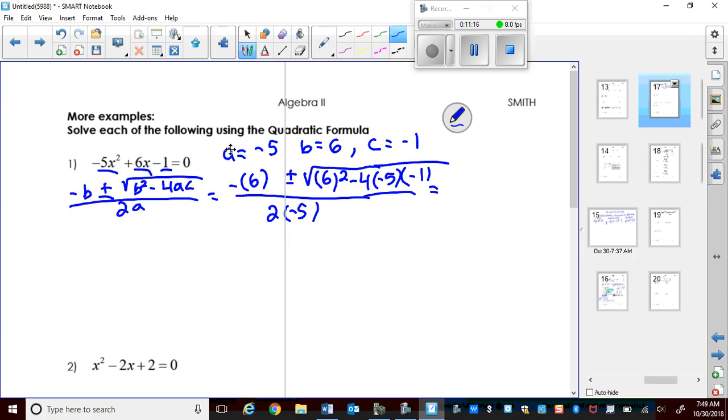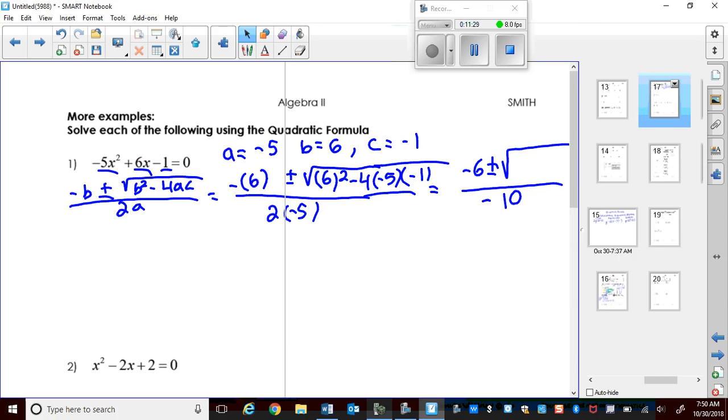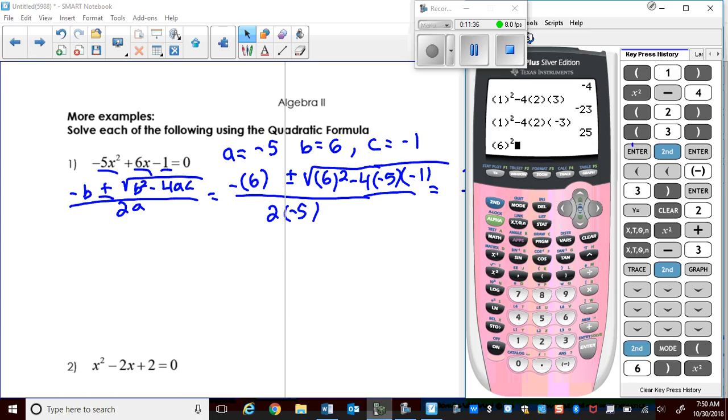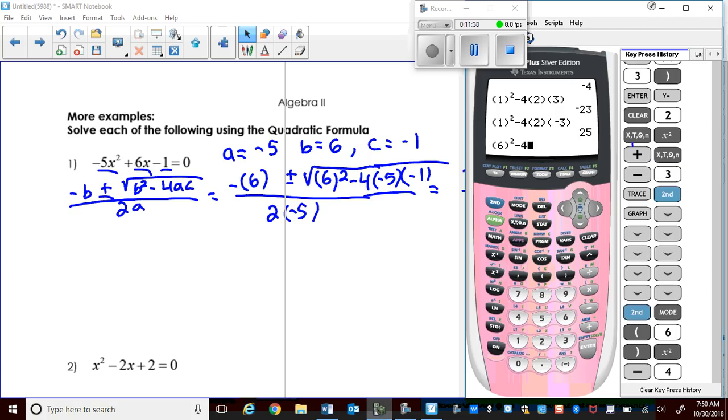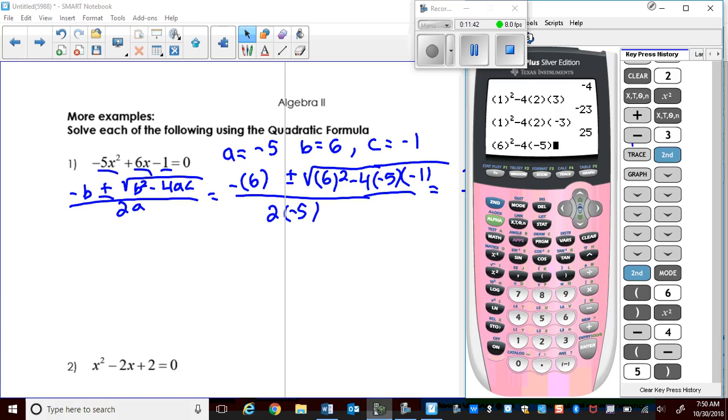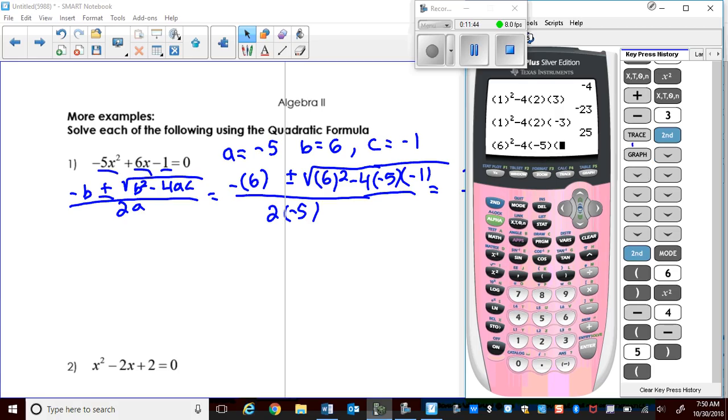This equals, I'm simplifying part by part, negative 6 plus or minus what's inside of that radical, I'm not ready for that yet, divided by negative 10. So I use my graphing calculator, put this information in here, go to second mode, and I have 6 squared minus 4 times minus 5 times negative 1.